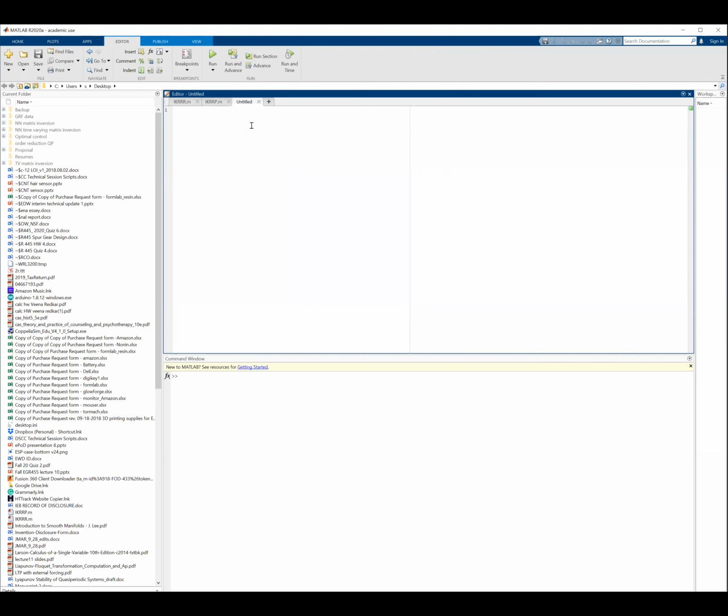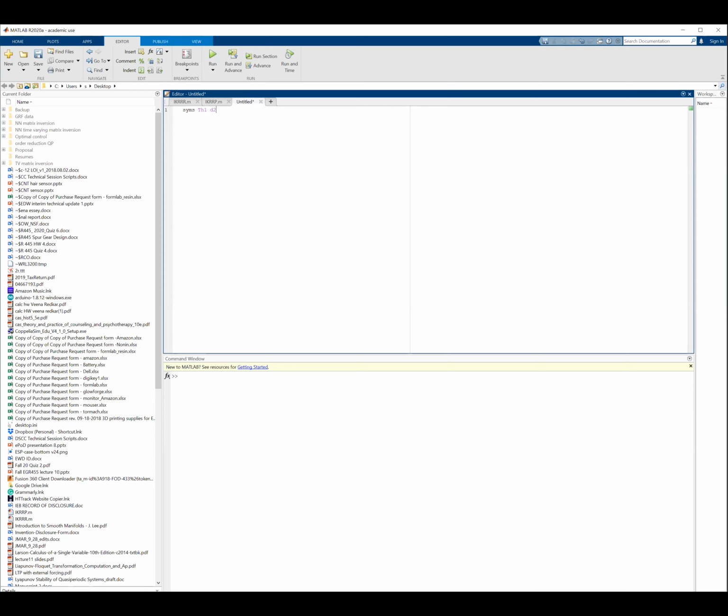I'm going to first program 0h1. Actually, let's start from the beginning. I would say syms because we are going to do a symbolic transformation: th1, which corresponds to theta 1, and d2.